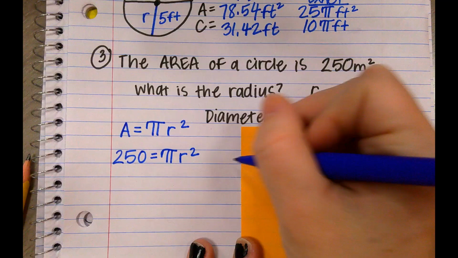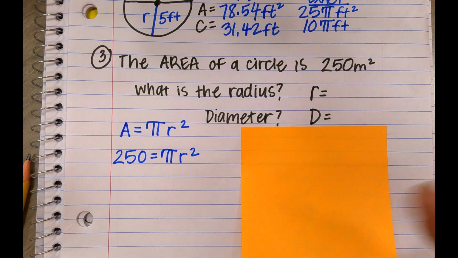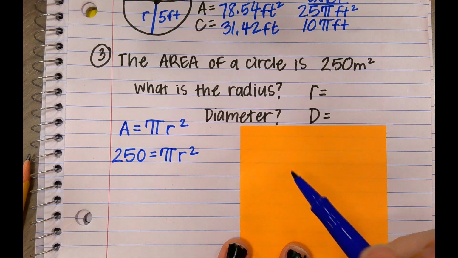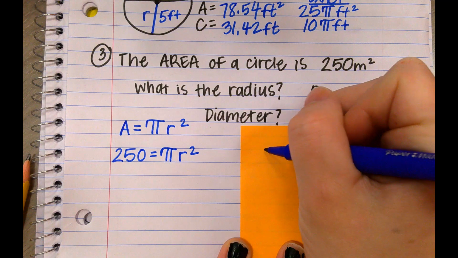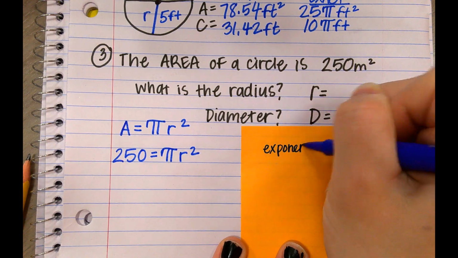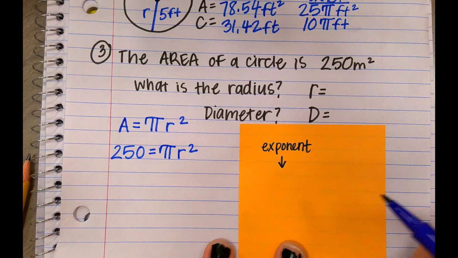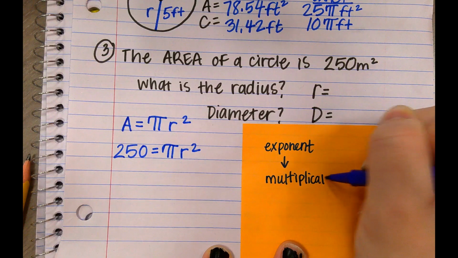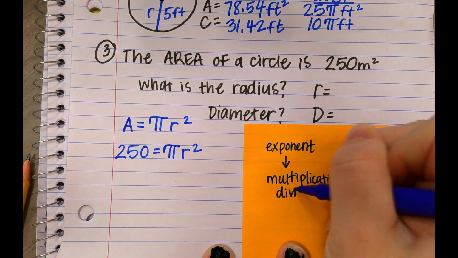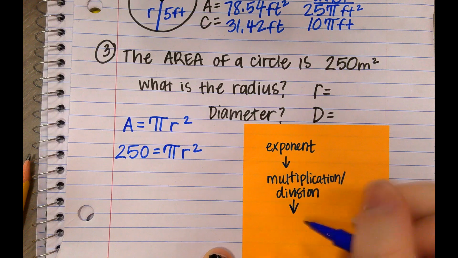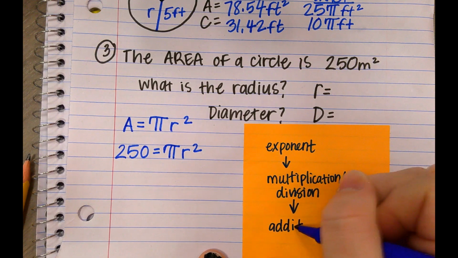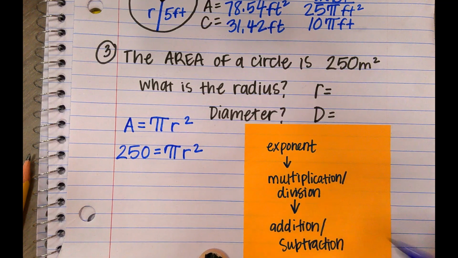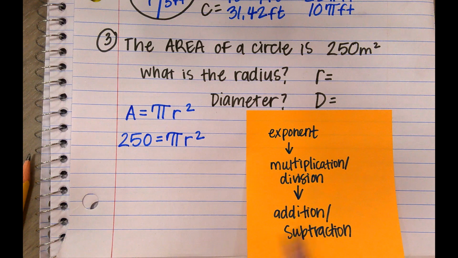Normally the very first thing that we would do is the exponent first, and then we do multiplication and division, and then we do addition and subtraction. But if you remember, whenever we're solving an equation, we go backwards.